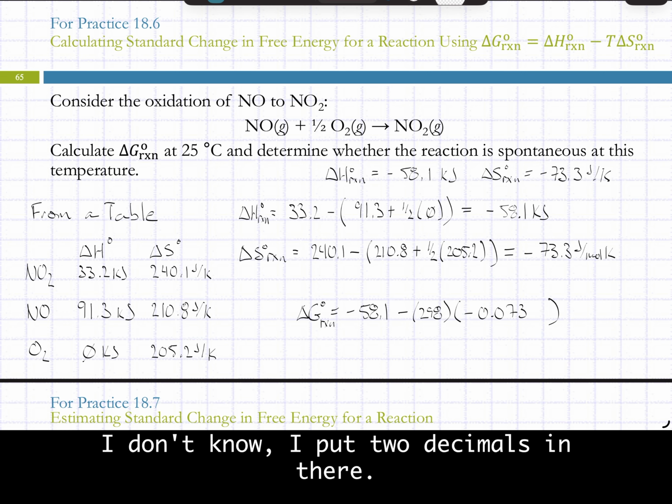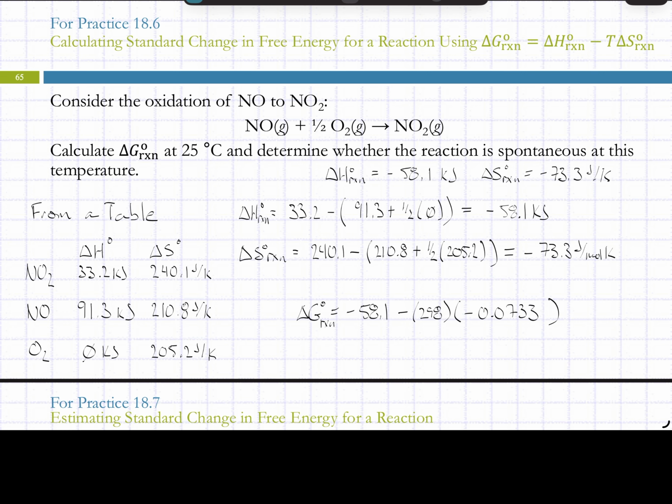I don't know why I put 2 decimals in there. So delta G of the reaction is negative 79.9 kilojoules.